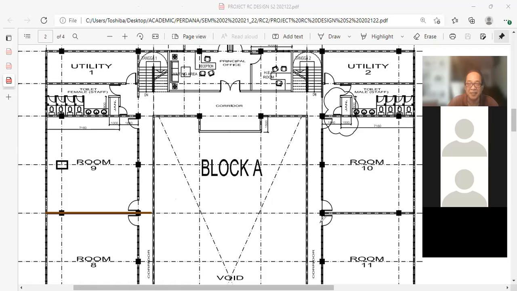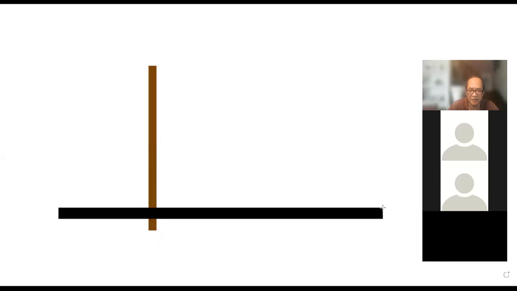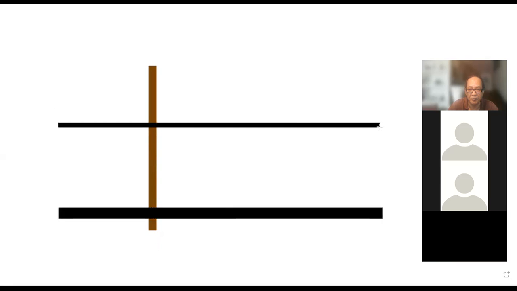just to sketch, we have kita punya dalam arah memanjang longitudinal punya direction. This is my column. Okay. This is my ground floor. My first floor beam, and my roof beam.